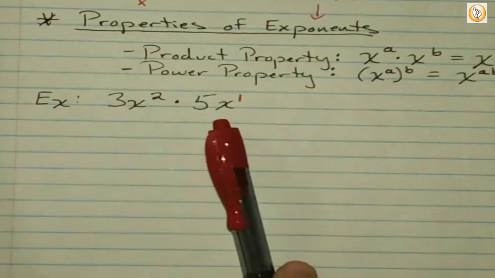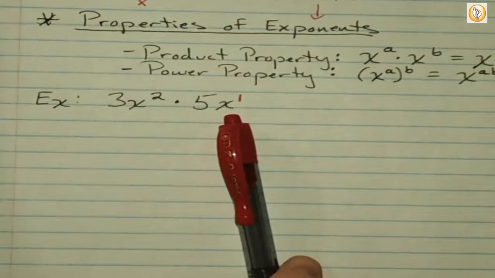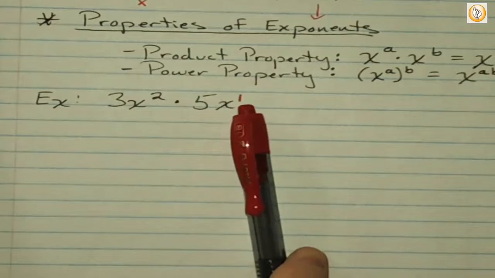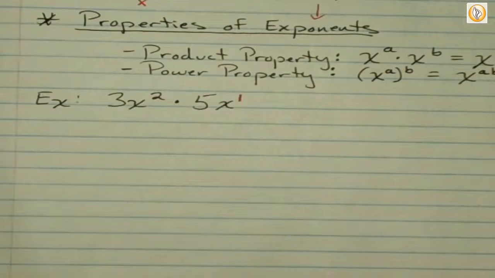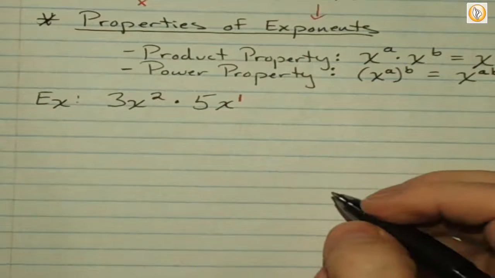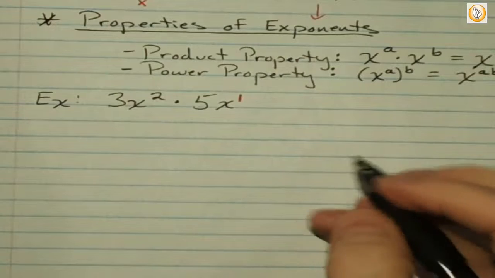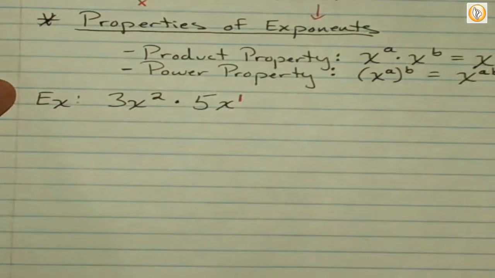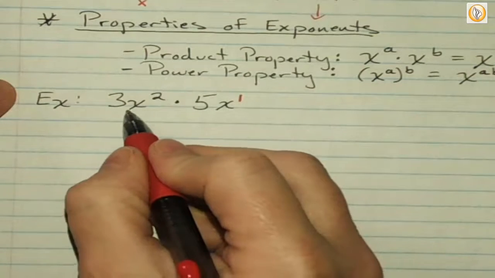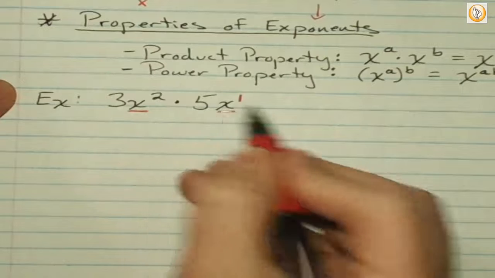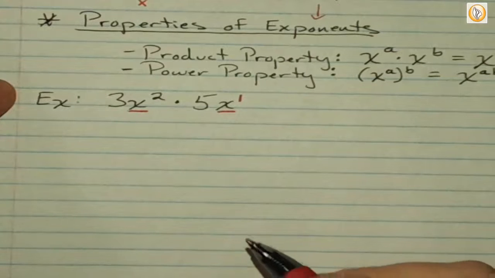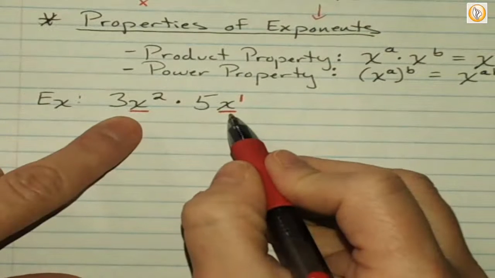So if the variable or anything really does not have an exponent and you may need to deal with it, it's a 1. Okay, so are these bases the same? The x's are the same.